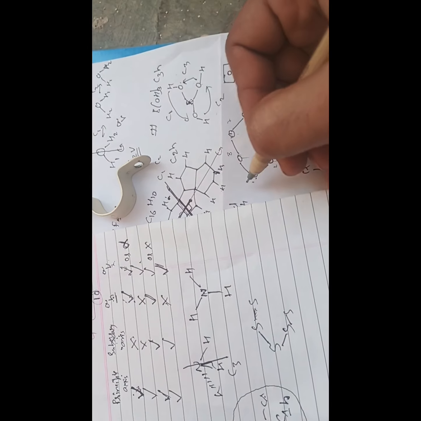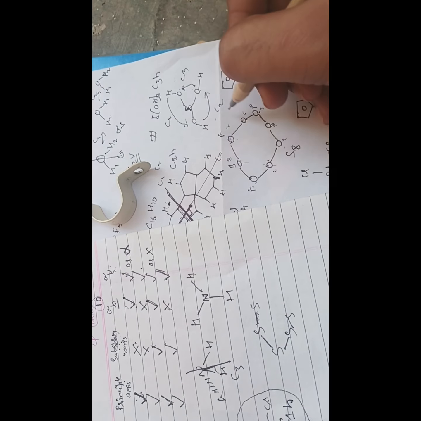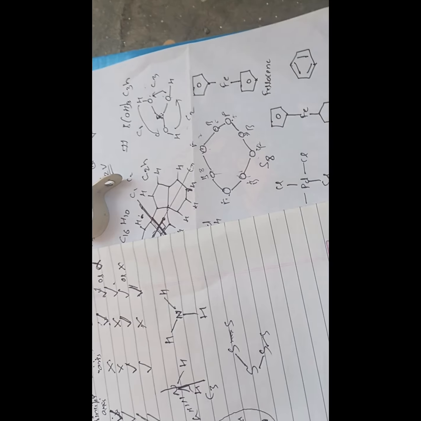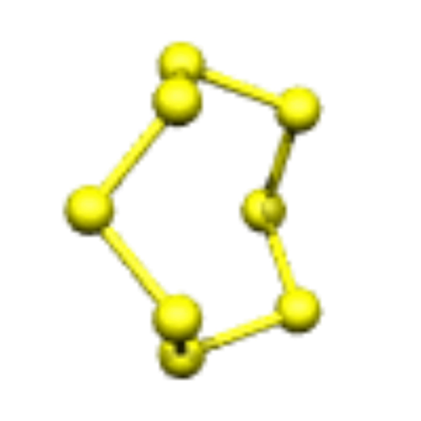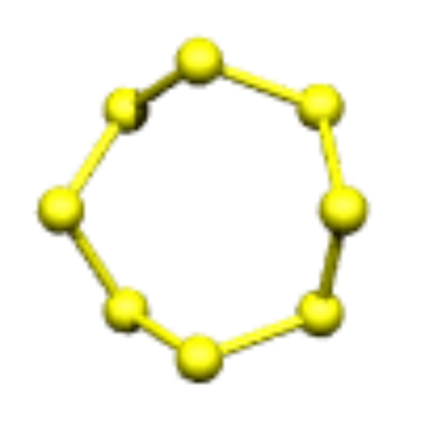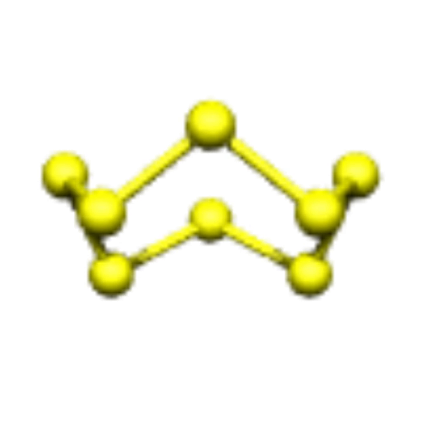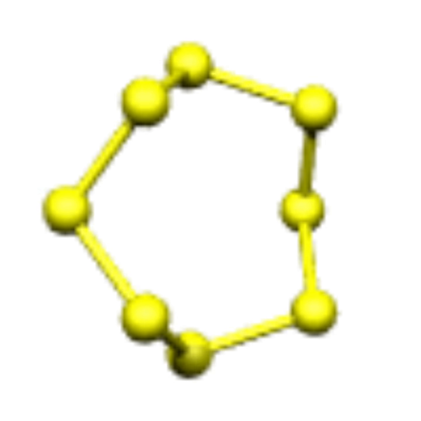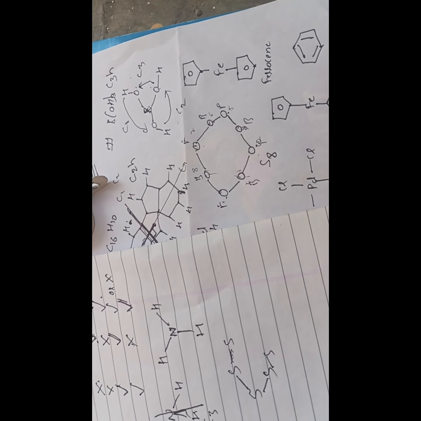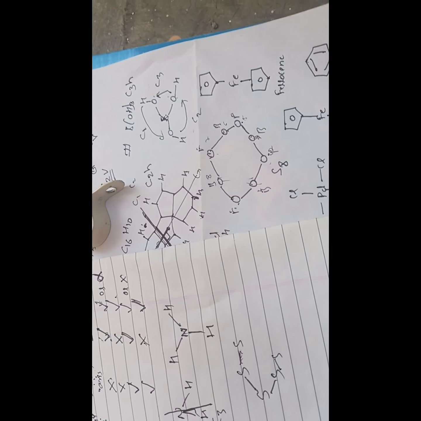This sulfur is on the front side, and again these 2 are on the back side, and this is front side. This is front, this is back, this is front, this is back, and this is front side. Like this arrangement is there for the S8.